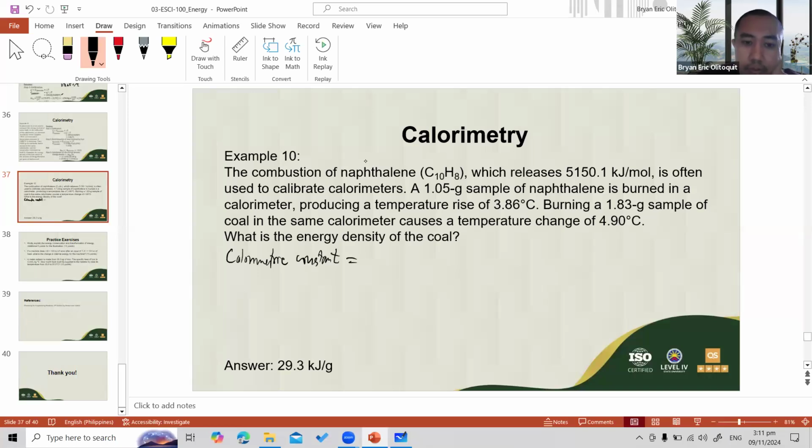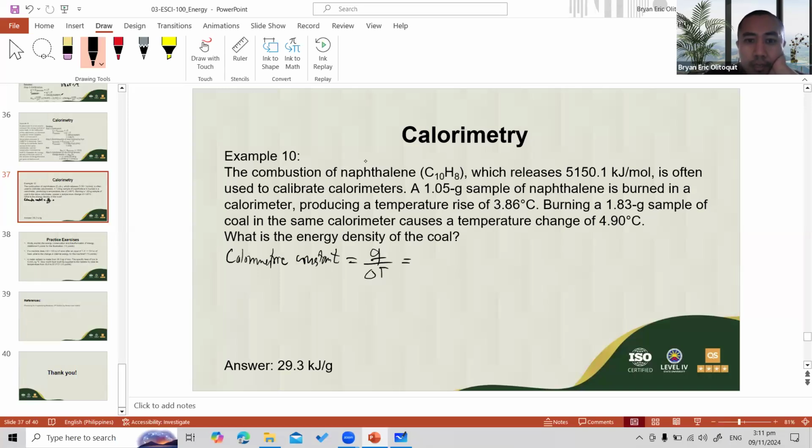Okay, so this one is again equivalent to Q per change in temperature, from our past equation. However, in this problem, we are given in terms of moles. Okay? So, pwede naman. Wala namang problema.